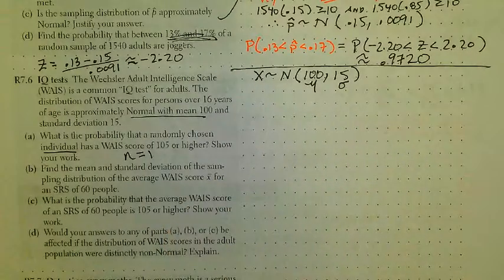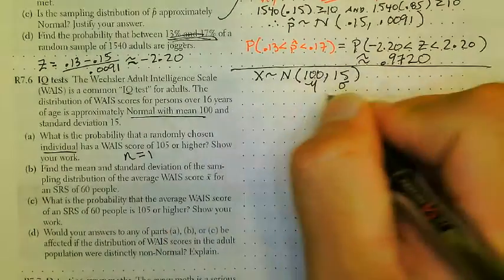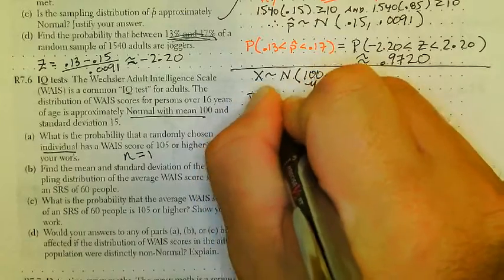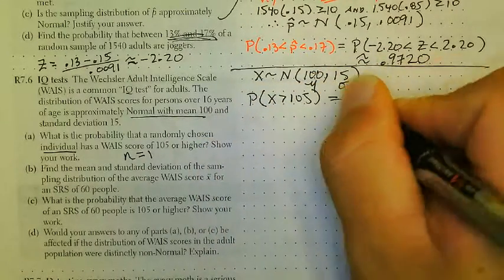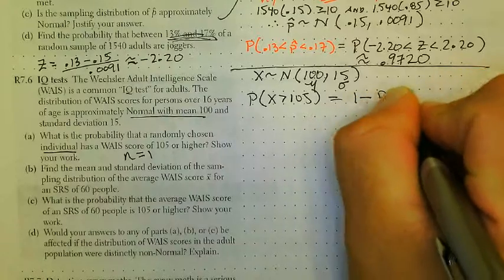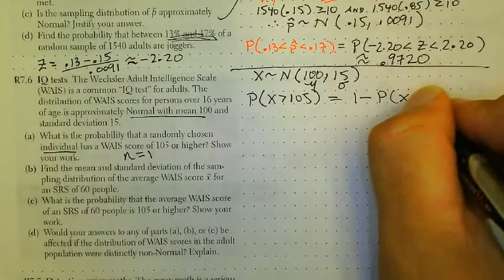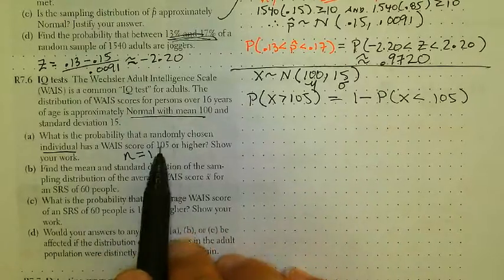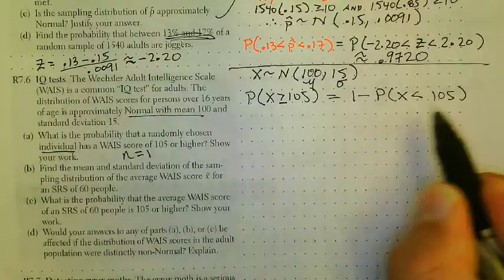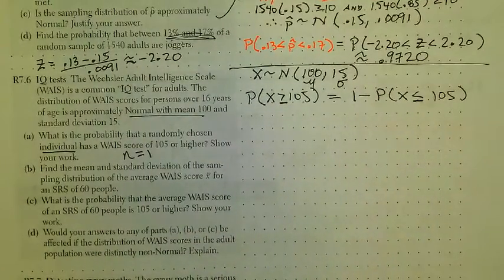And that they have a score of 105 or larger. So I'm looking for the probability that x is greater than 105, right? Which is the same as 1 minus the probability that x is less than 105. Right? And really this is 105 or larger, so technically it should be or equals to.